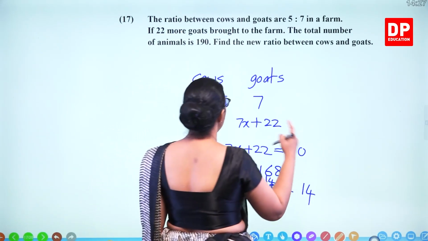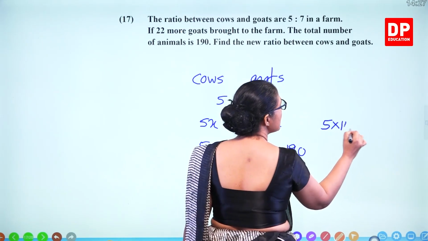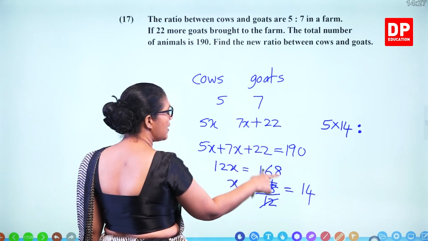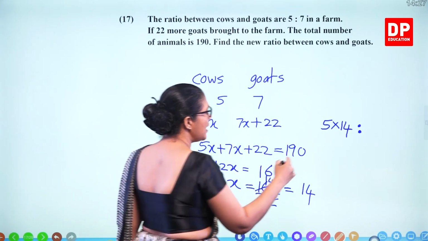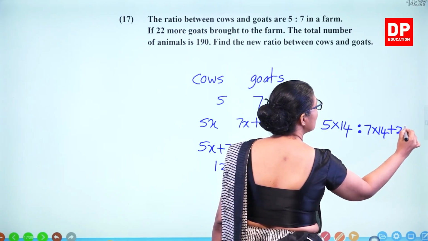Now they want the new ratio between cows and goats. So what's the value? 5x, 5 times 14 is cows, 70. Then goats, 7x, 7 times 14 plus 22.